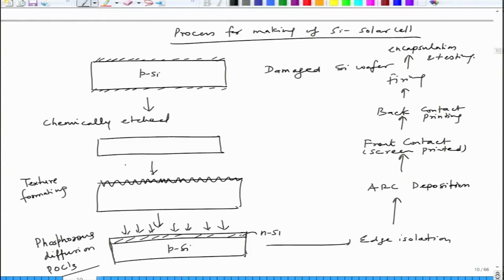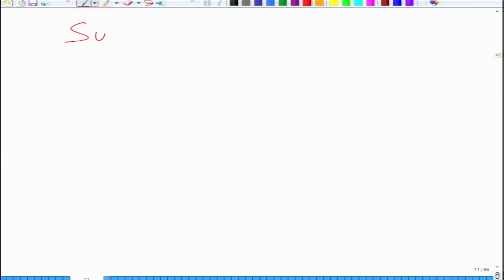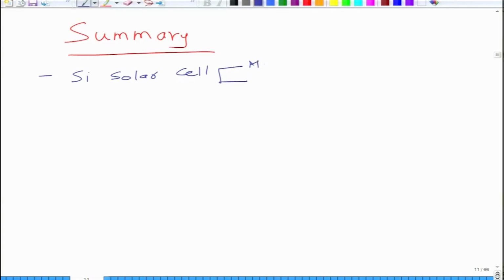Just to summarize for silicon, we have looked at silicon solar cells in quite some detail for both mono and poly. We also looked at design strategies to improve the silicon quality and the performance.